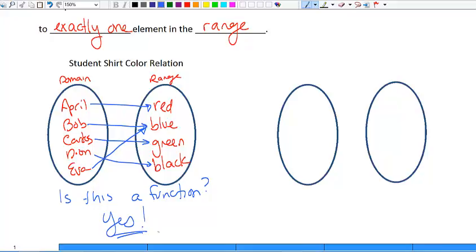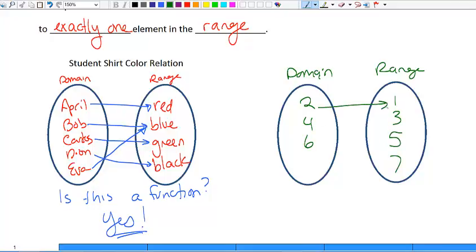Now, let me just make up another one. So I will make up another domain and another range, and then you'll test the same question. I'm just going to put some values here. So 2 is being mapped to 1, 4 is being mapped to 3, 6 is being mapped to 5, and then 6 is being mapped to 7.